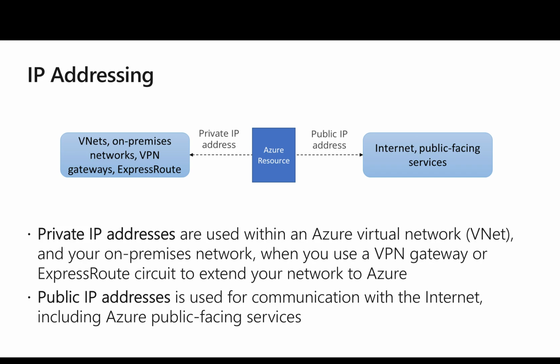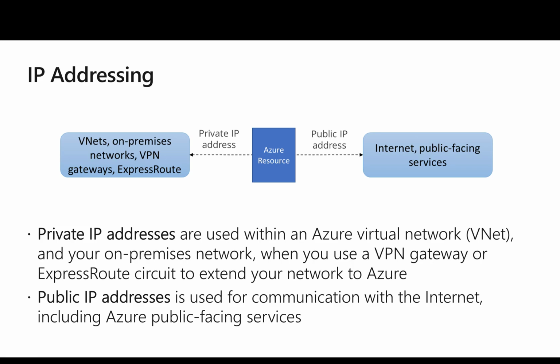So when we talk about IP addressing, there are two types of IP address available. One is the private IP address and another is the public IP address. Whenever we want to connect to resources such as an Azure Virtual Network or our on-premises networks, or connect within or through VPN gateways or ExpressRoute, that is where we want to connect to the service privately without navigating through the internet.